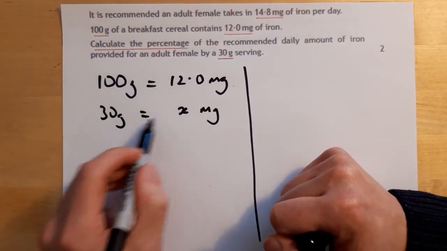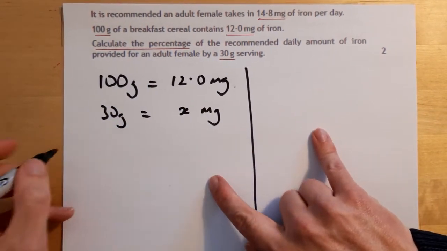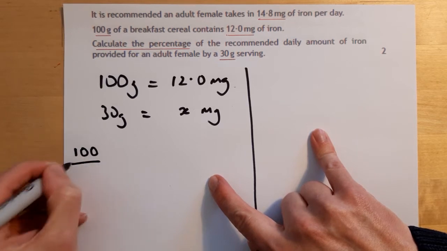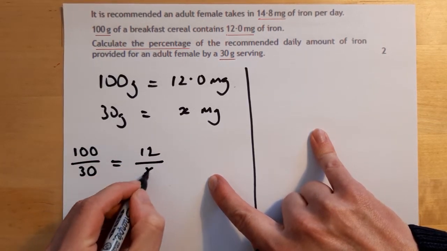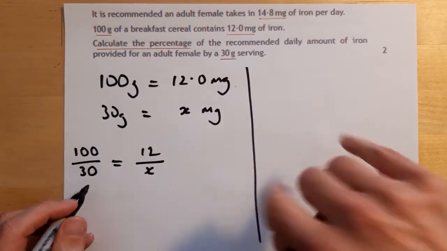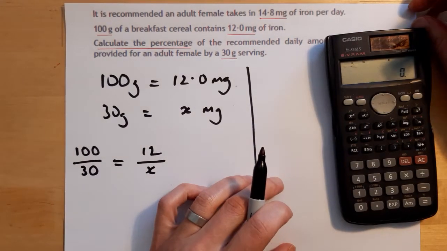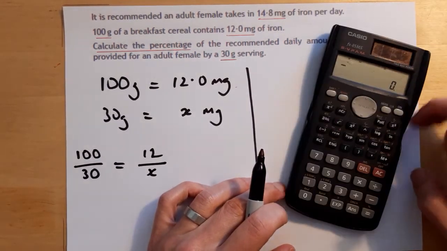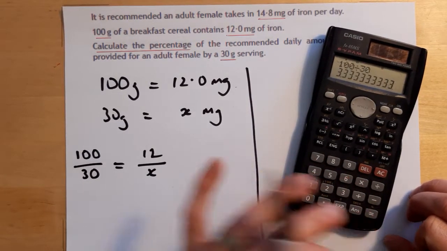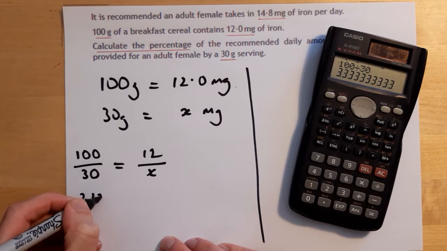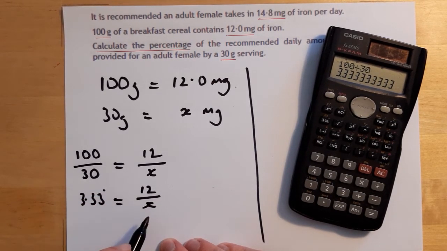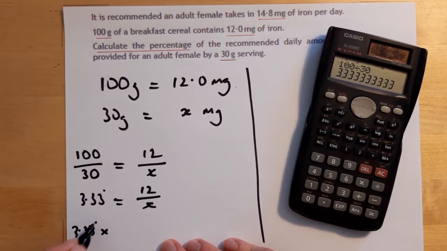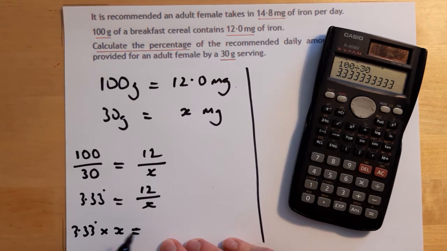So the first option is you can convert this into an equation. I would say that 100 divided by 30 is equal to 12 divided by x. And then you work out 100 divided by 30, which equals 3.33 recurring, equals 12 over x. If you times both sides of the equation by x, that will give you 3.33 times x equals 12.